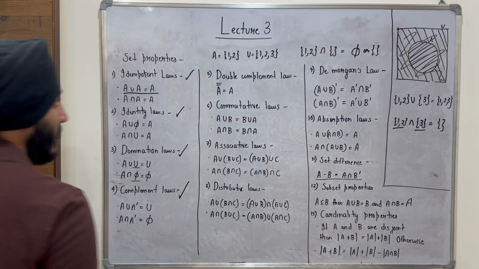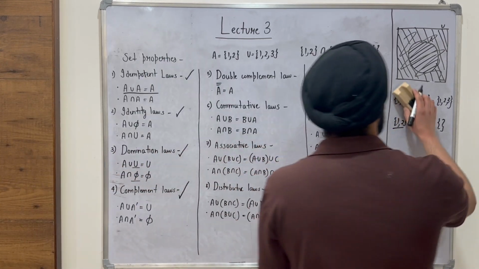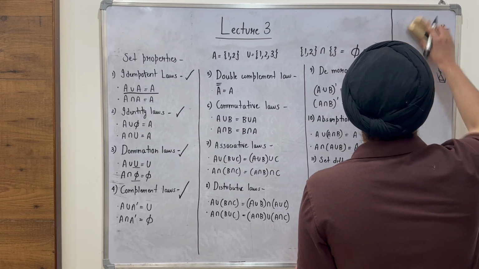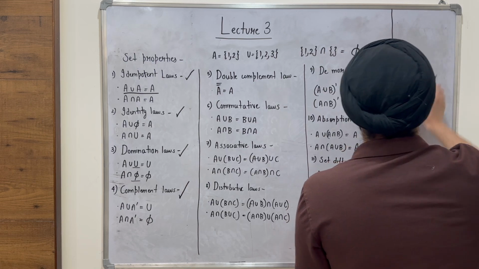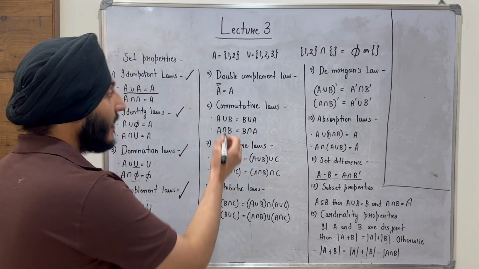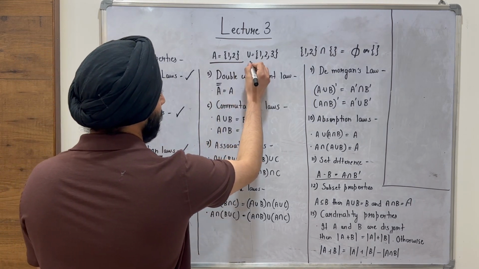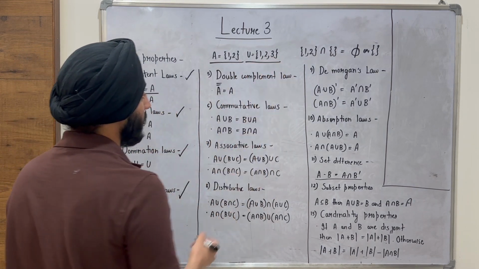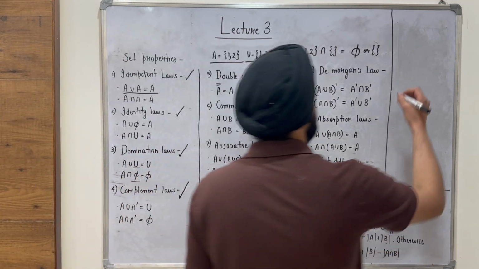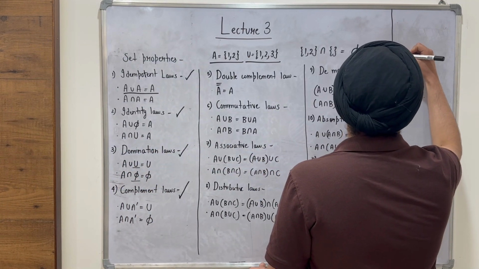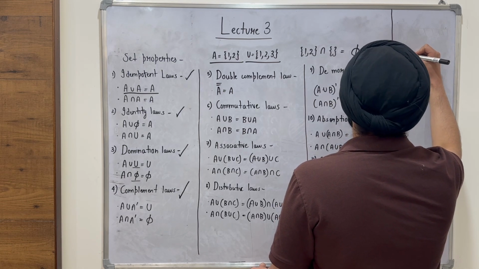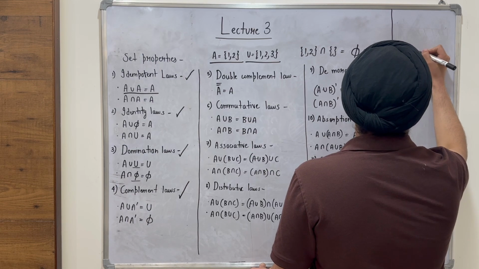Moving on, let's try to understand the double complement law. I'll explain it once again with this example. Given A equals 1, 2 and the universal set equals 1, 2, 3, if I take just the A complement, it's going to be 3 in this case.